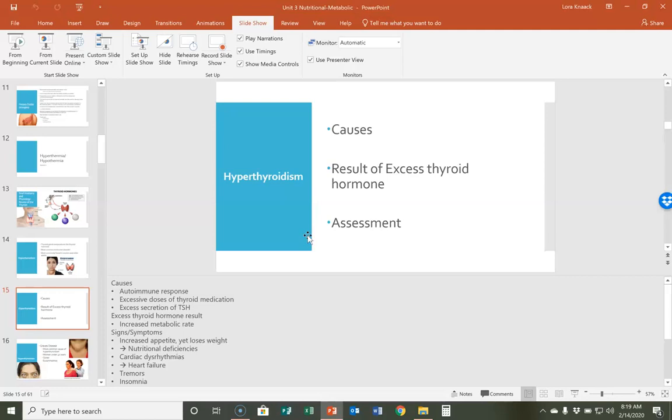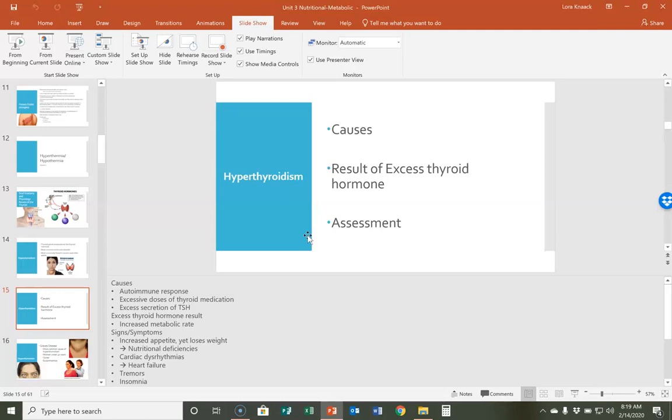So we think about the different labs that we'll see with this. If it's a case where the pituitary gland is overreacting, then we expect to see a high TSH level, right? And if we're looking at what the thyroid gland is doing, with hyperthyroidism, the T4 or free T4 level that we're measuring in the blood has to be high as well. So in this case, high TSH and high free T4.